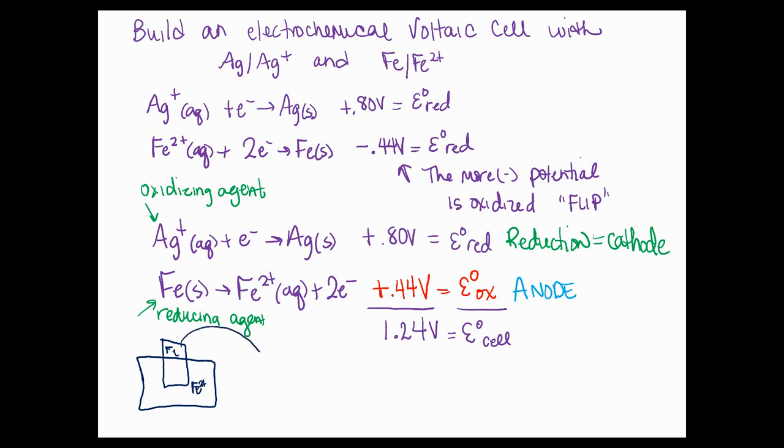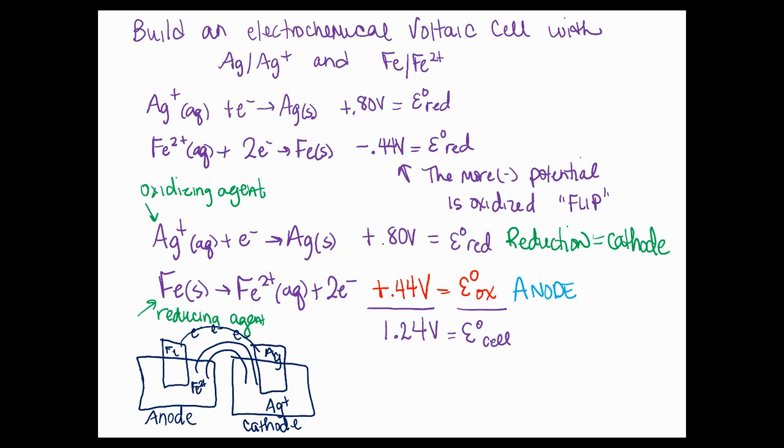The electrons would flow from the anode to the cathode. And then on this side, I'd have a piece of silver. In the solution would be silver ion, salt bridge, and then that's going to produce that current coming across.